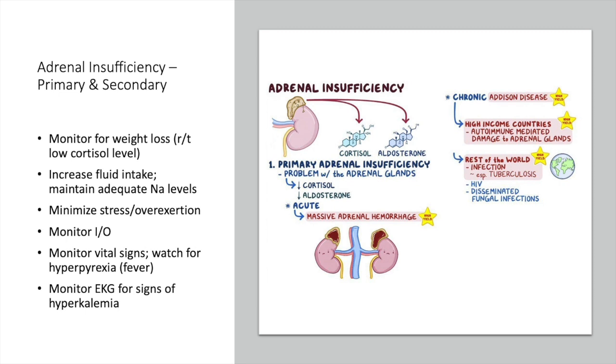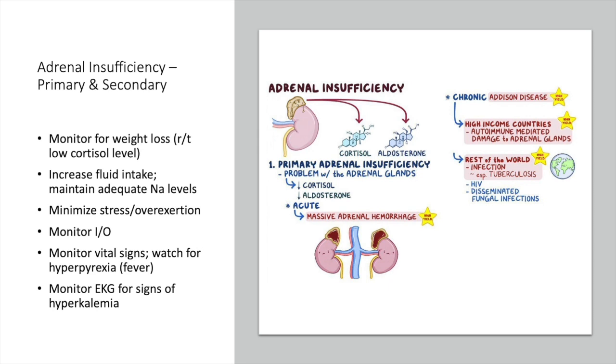Typical causes include infection, like tuberculosis, autoimmune diseases like lupus, or damage to the adrenal glands, like trauma or surgery. So, of course, cortisol levels are low, aldosterone levels are low, and you might even have an instance where there's an adrenal hemorrhage that causes this as well.